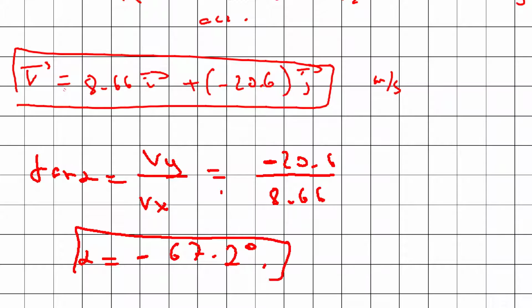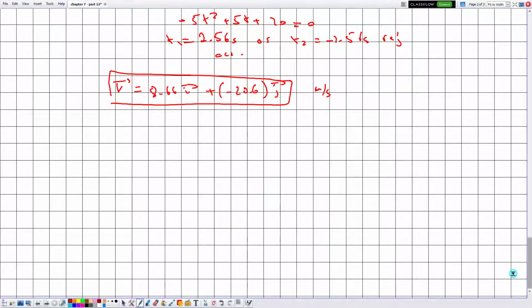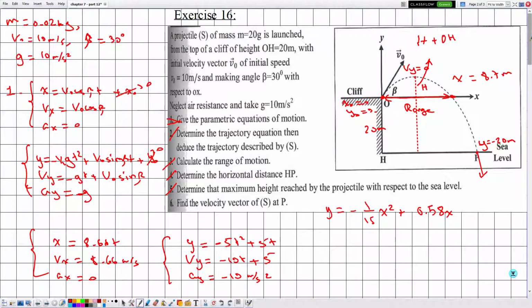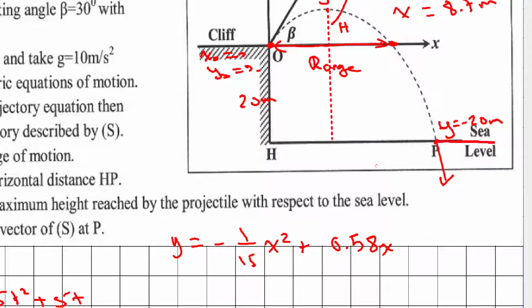Okay, so why is the angle negative? Because this angle that you are measuring here with respect to the horizontal is in the negative direction, clockwise, so this angle is given by minus 67.2 degrees.